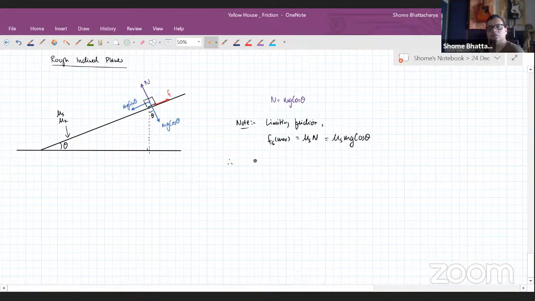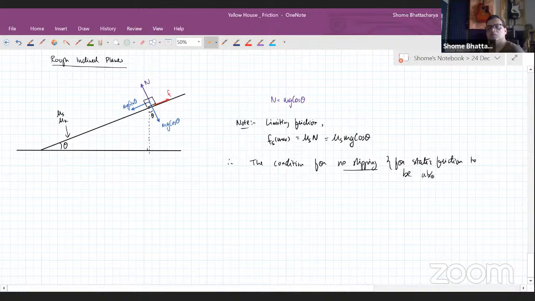Okay, so therefore, the condition for no slipping, that is for the block to remain stationary, for static friction to be able to prevent slipping. The condition for that to happen is that mg sine theta should be less than or equal to maximum friction available.